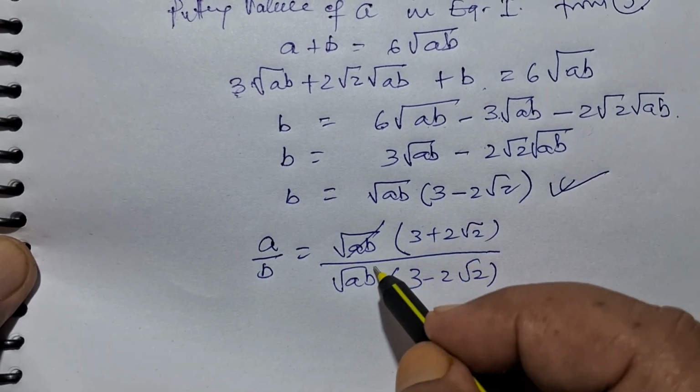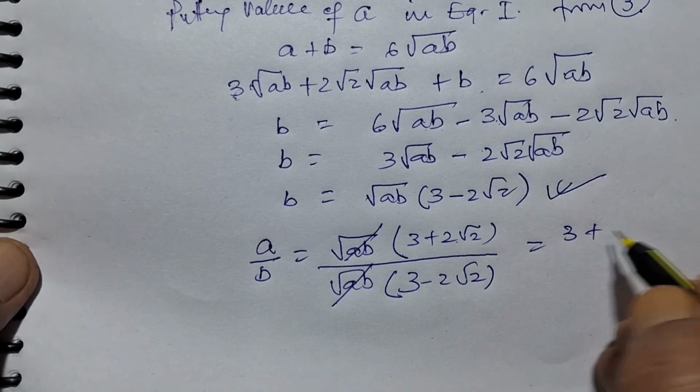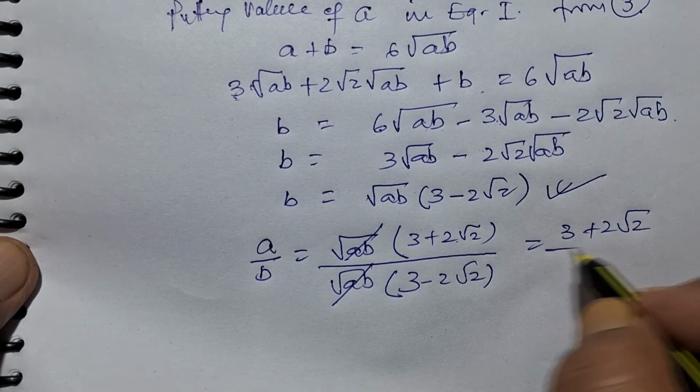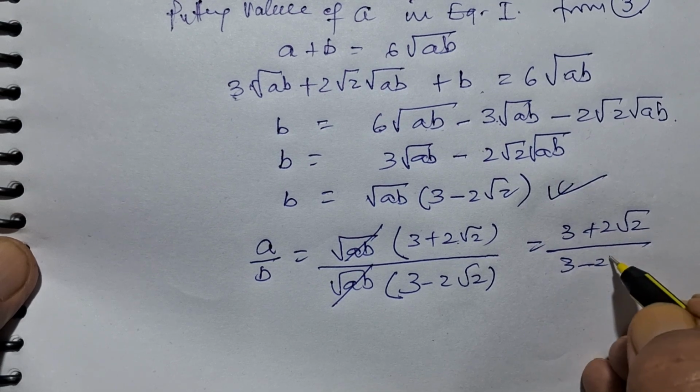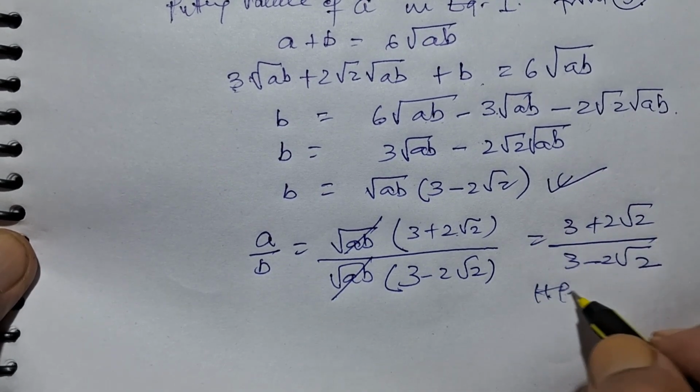This root under ab is cancelled, so it will be 3 plus 2 root 2 by 3 minus 2 root 2, hence proved. This you had to prove, hence proved, right?